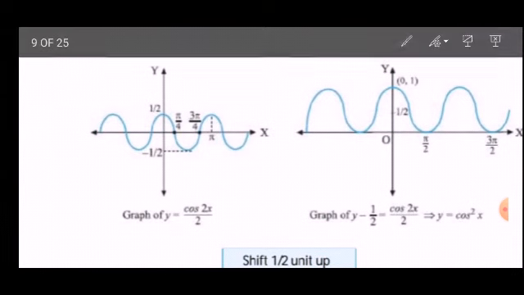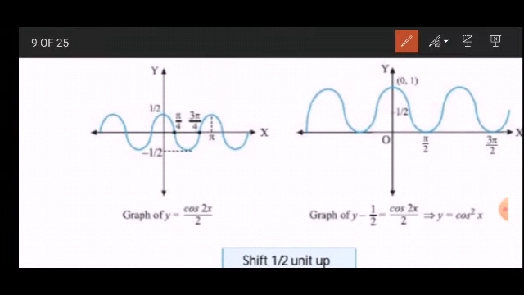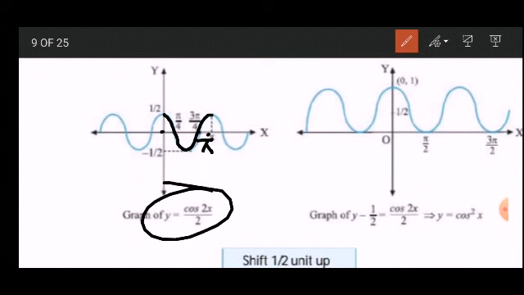You see over here y equal to cos 2x by 2, and here it completes one complete cycle, as you see this is pi and this portion is pi. From 0 to pi, this part is the graph of y equal to cos 2x by 2.